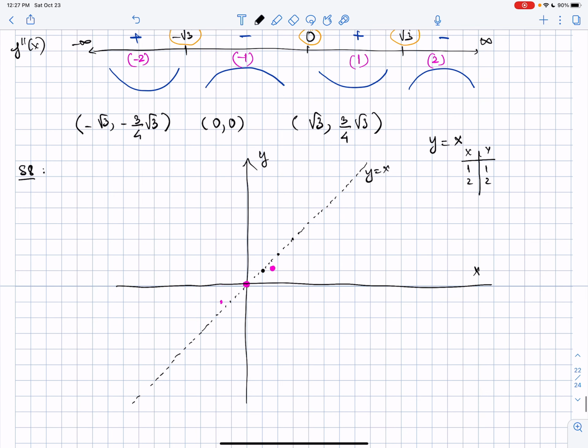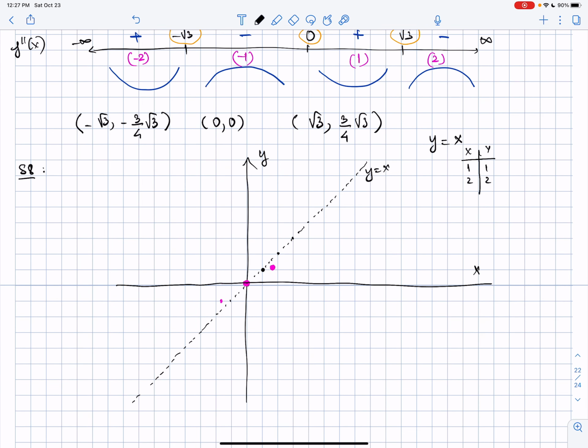Now we want to check the concave intervals. From negative infinity to this part right here is concave upward, concave upward.